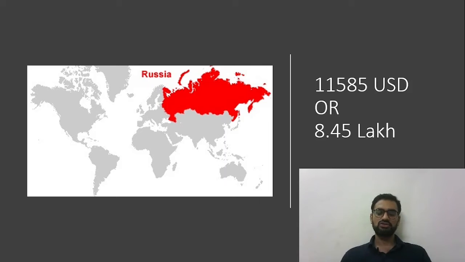China and Russia, as shown here, are higher, and it's not that the difference is marginal. China is itself 5 times higher than us, and then Russia is even more than that. Obviously we are not going to compare ourselves with the countries which are below us, Bangladesh and Pakistan.